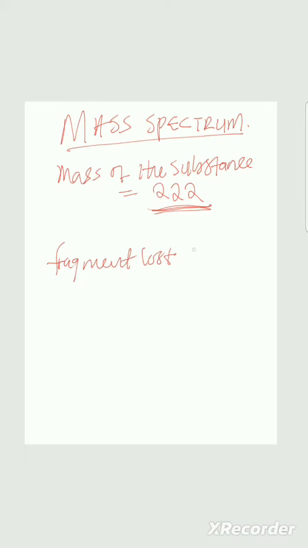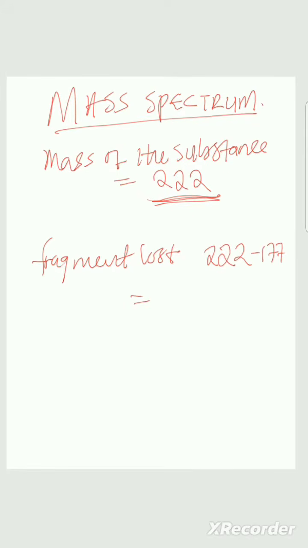When I say 222 minus 177, my answer gives me 45. On the mass spectroscopy I found this, which is CH3CH2O, like this. So that is the one that I found. That is fragment lost number 1.